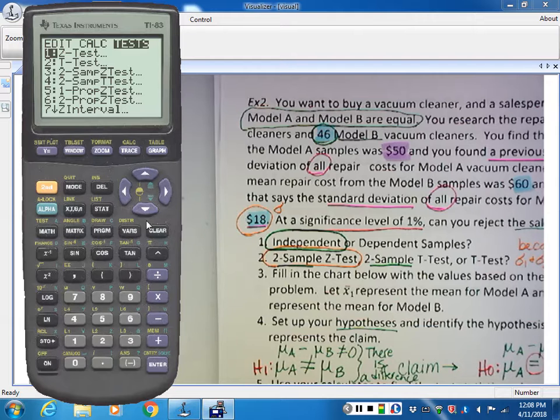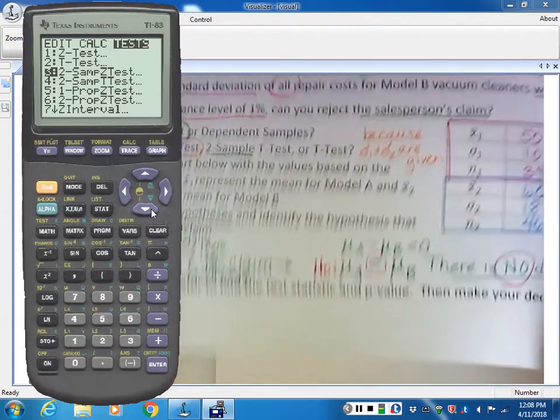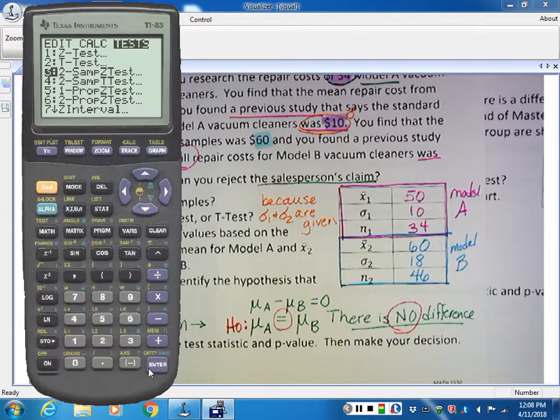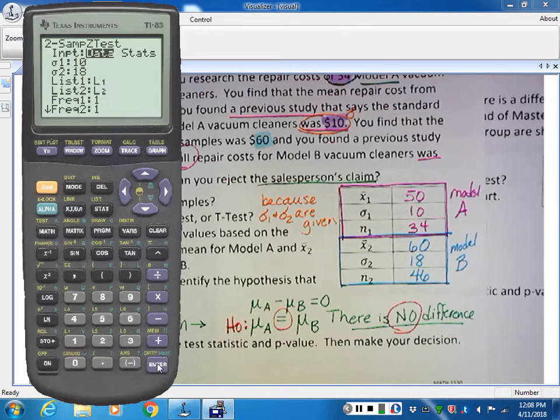The two-sample z-test is the third option on the menu. Once I've chosen that third option, I have to tell it, is my data the input, or do I have only statistics? Well, I don't have the actual cost of either vacuum cleaner, so I have statistics.